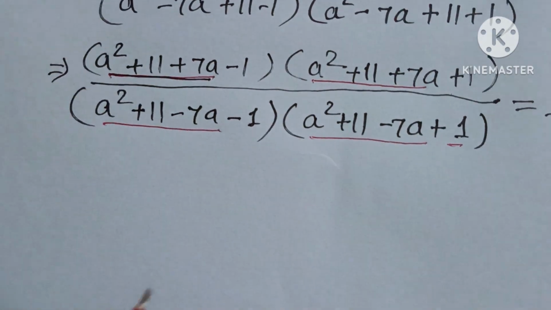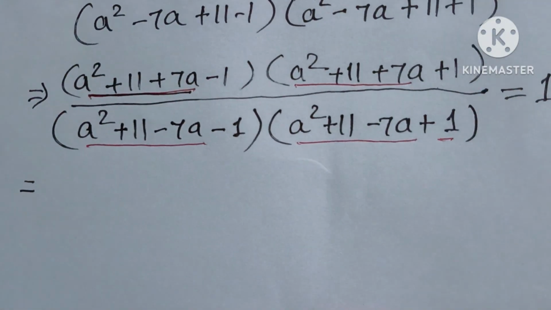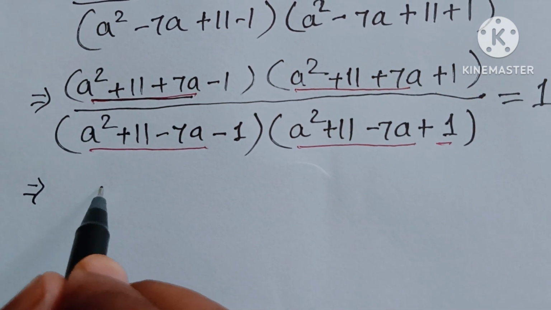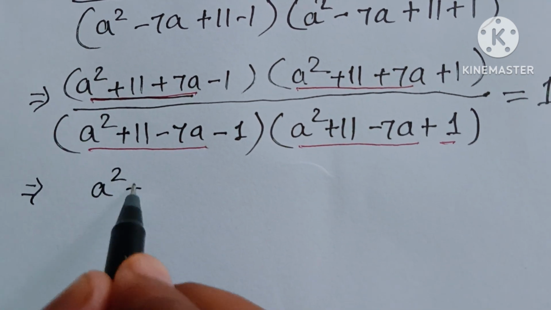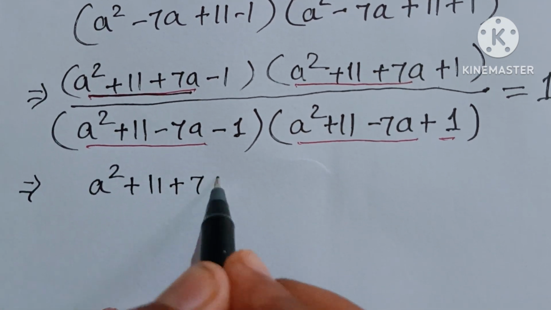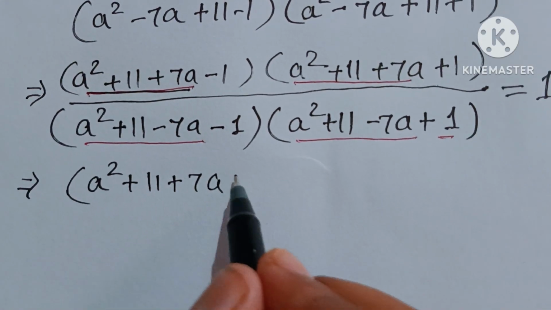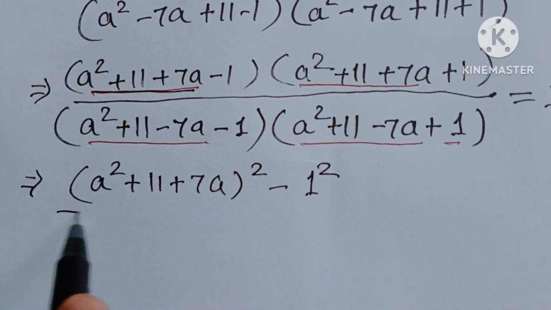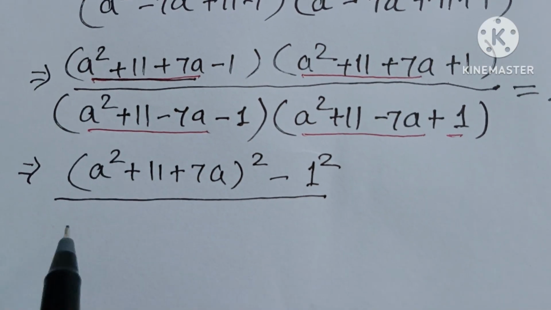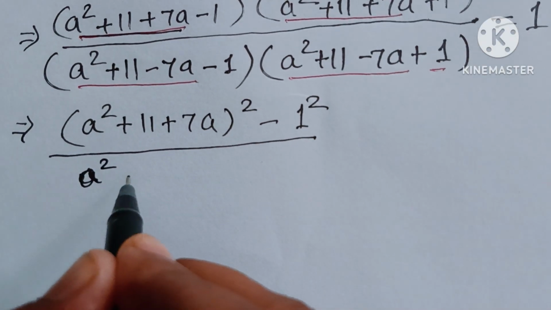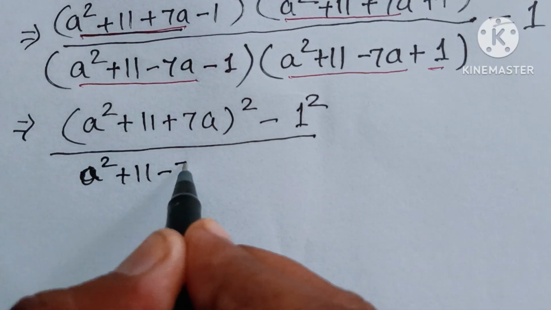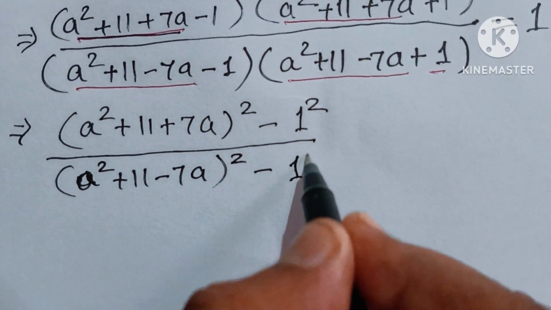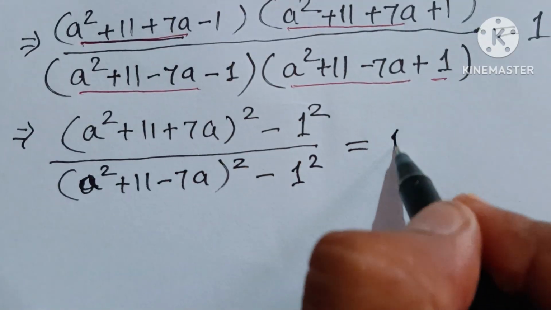Okay, so now (a square plus 11 plus 7a) whole square minus 1 square, then (a square plus 11 minus 7a) whole square minus 1 square is equal to 1.